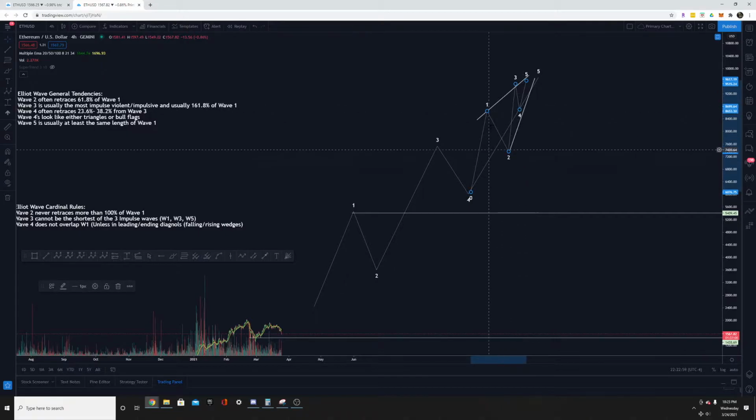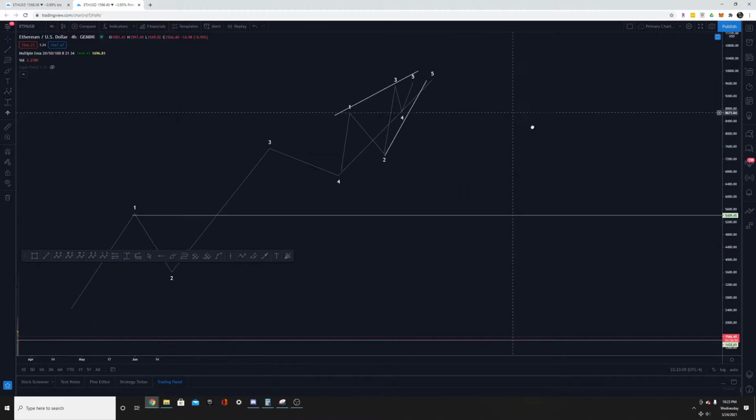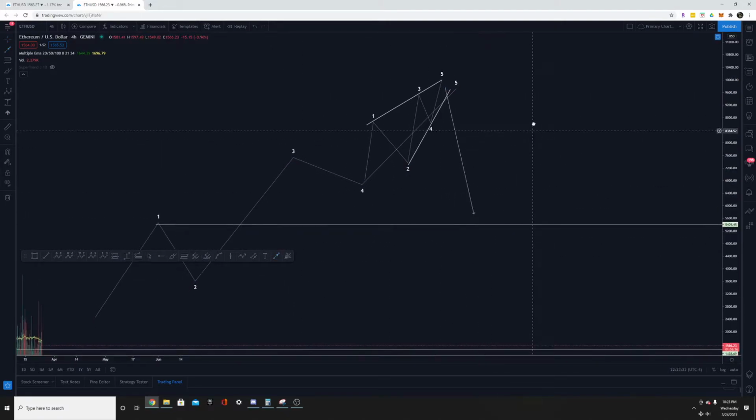It'll come down, so it can intersect with wave 1 right here. And then once you finish a rising wedge, that's usually the top, and then you usually come down for the correction.